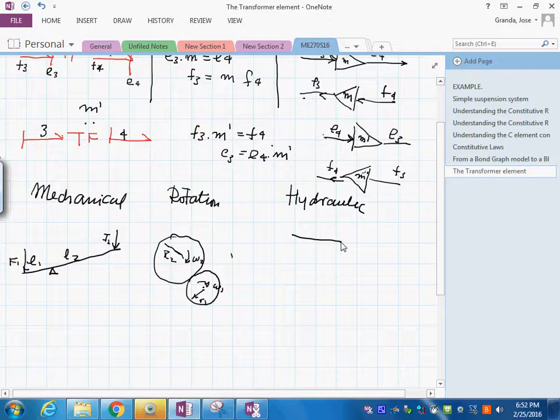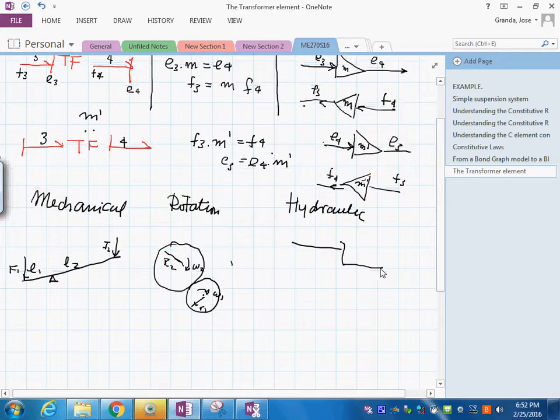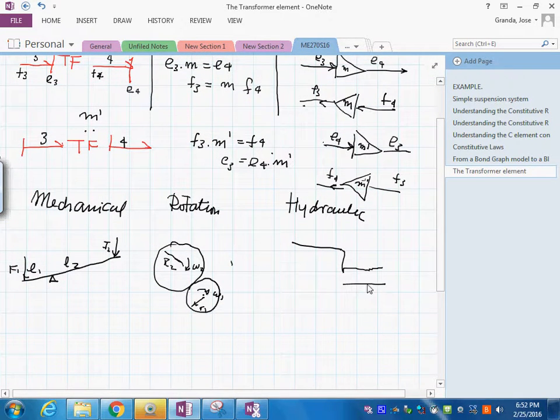You have in here the velocity and force on this side, and you're going to have a volume flow rate and a pressure on this other side. These are examples of each of these. We could write the equations for each one of these. I'll just do it real quick so we don't make this too long.